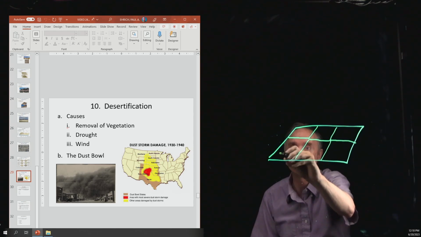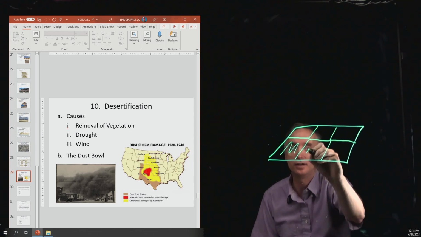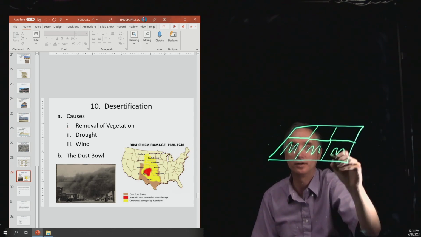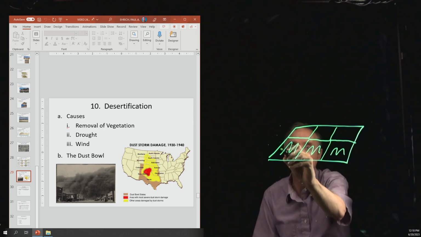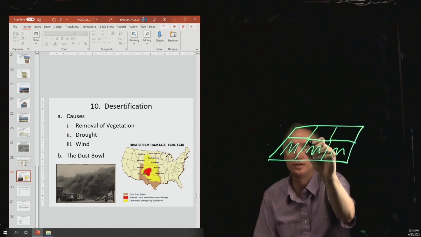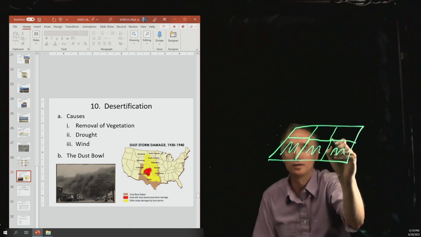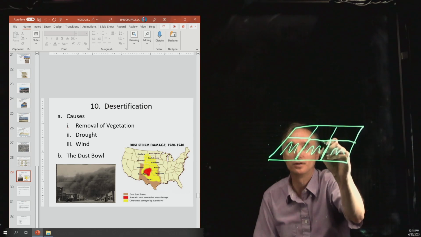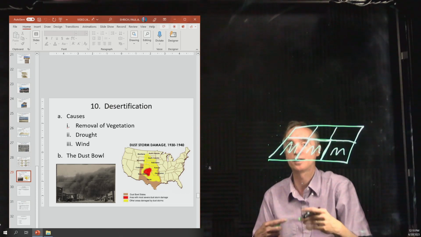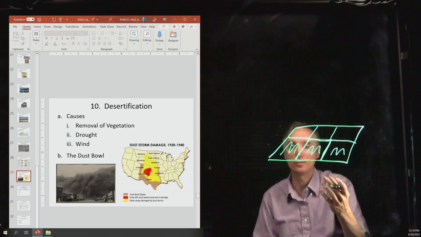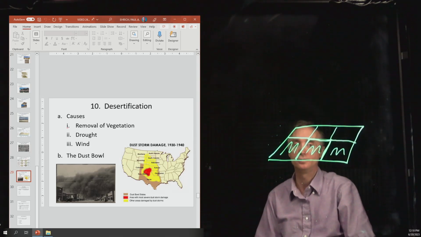So you can still farm this area in here, and this area in here, and this area in here, but now as the wind is blowing, the wind is going to be interrupted by these patches of vegetation that are still holding down the soil, and they act like a wind break. So that would be one way of keeping things from turning into a desert.